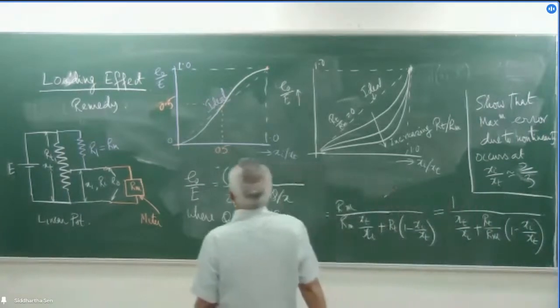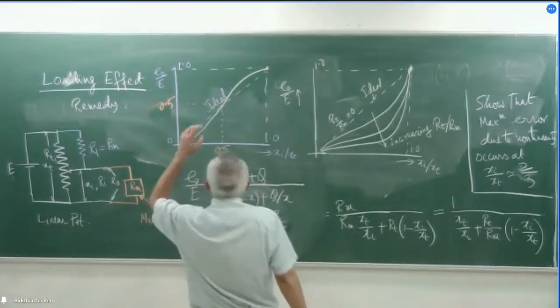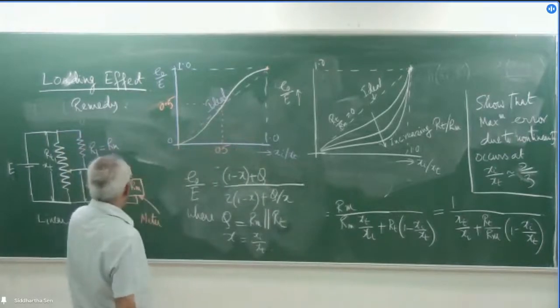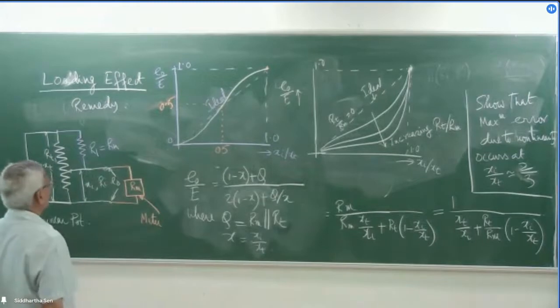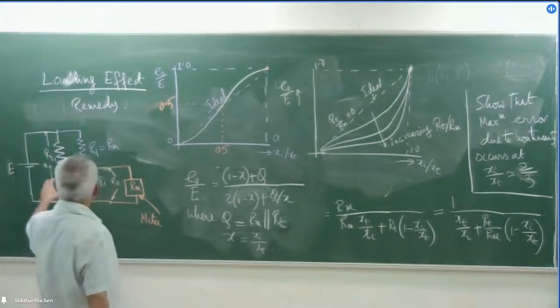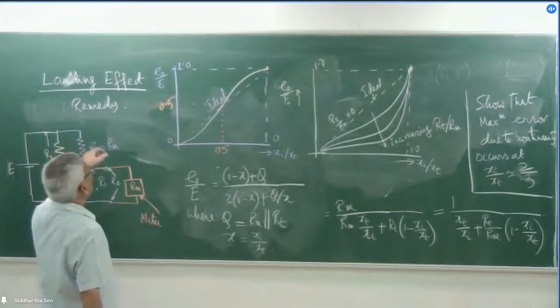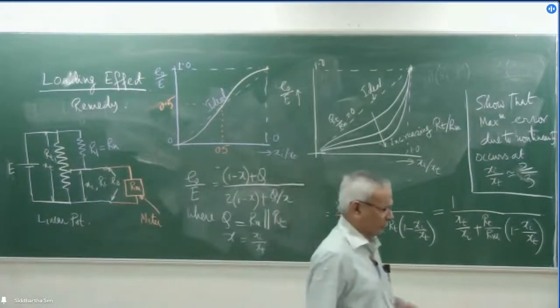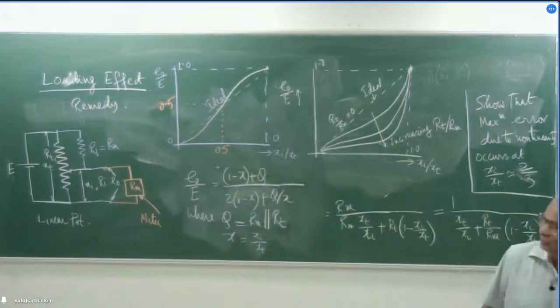But the interesting thing is that just by putting a resistance, even though the Rm meter is not a good enough meter, I can compensate the loss of accuracy or loss of linearity to some extent.